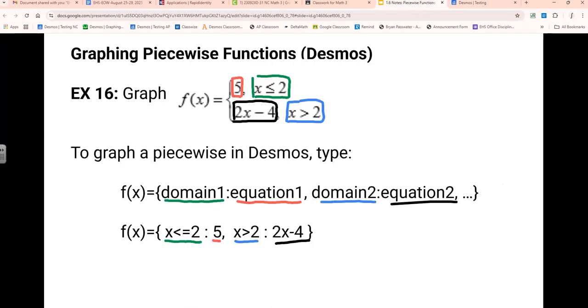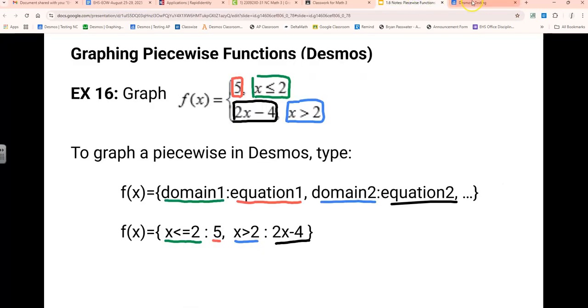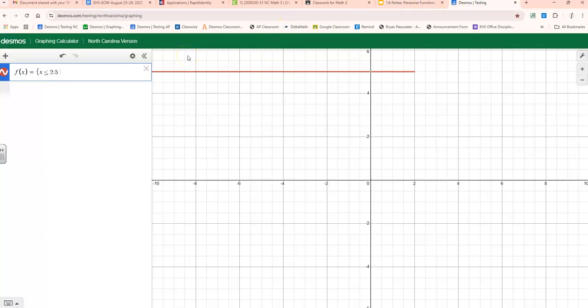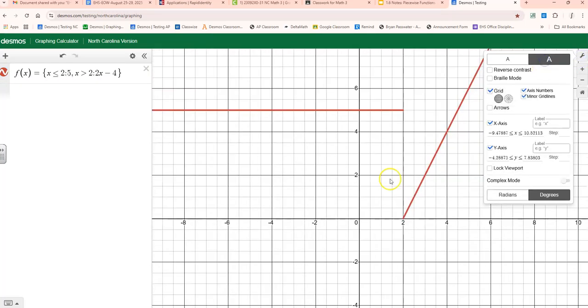Less than or equal to 2. Alright, so here is what I've got.